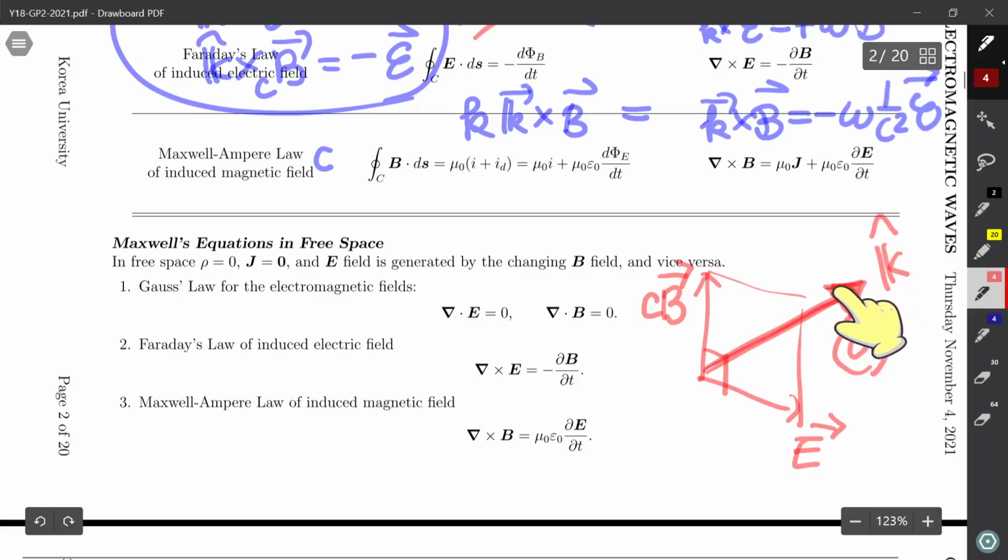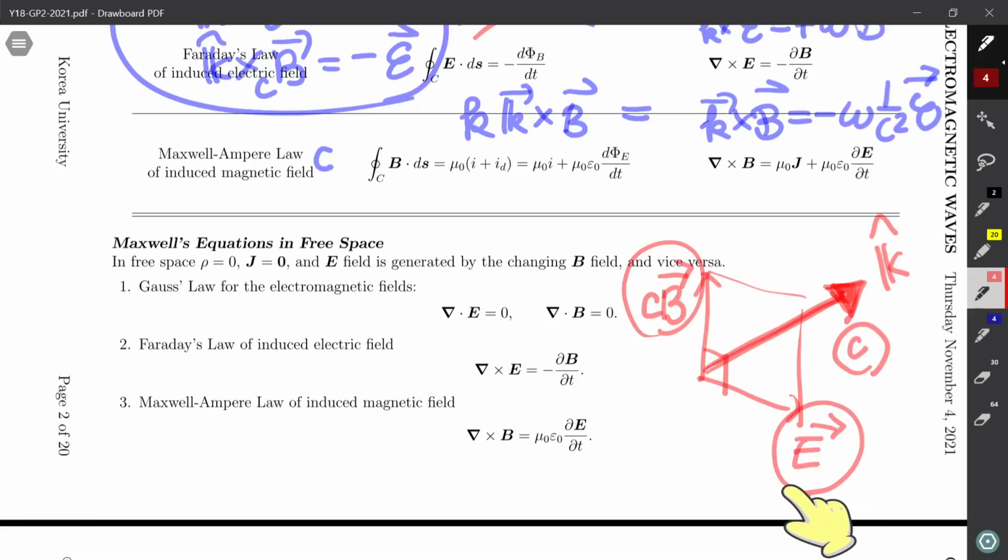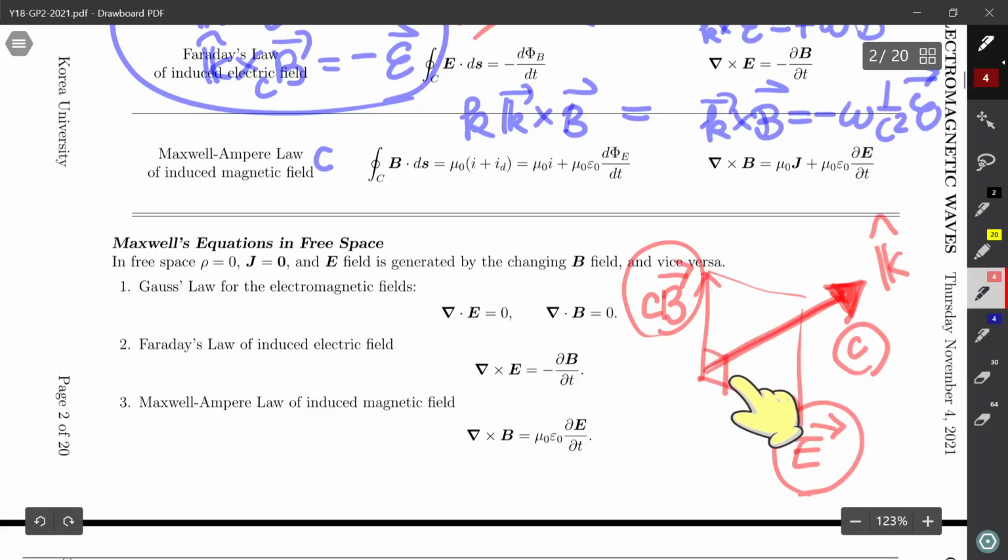The electric field vector and magnetic field vector are both perpendicular to each other and perpendicular to the direction of propagation.